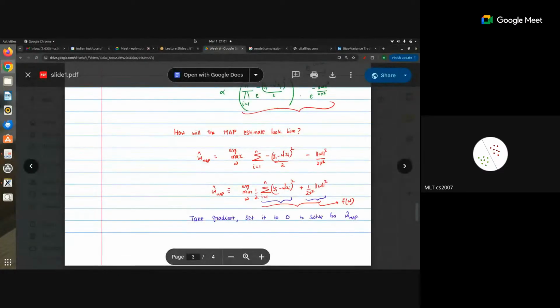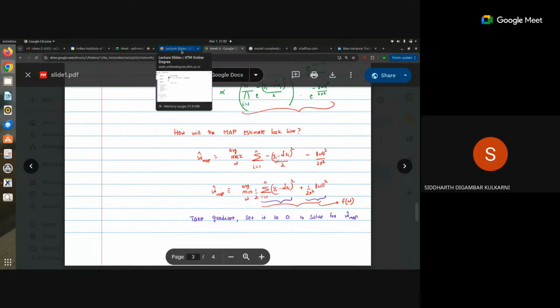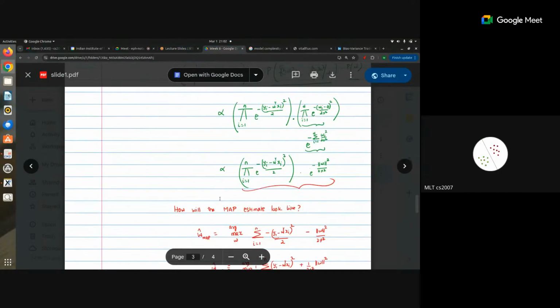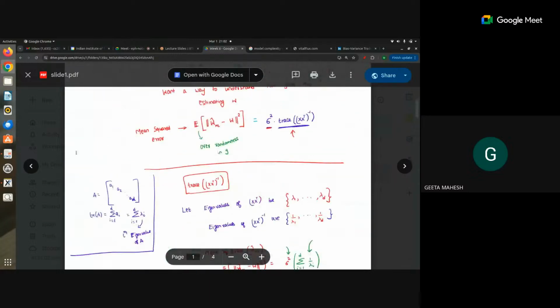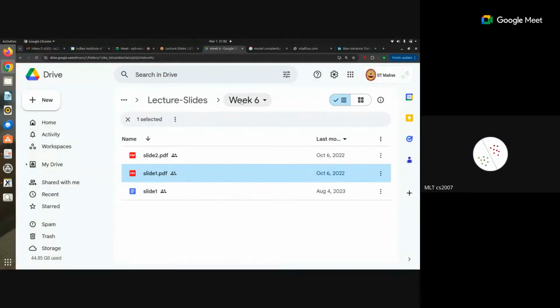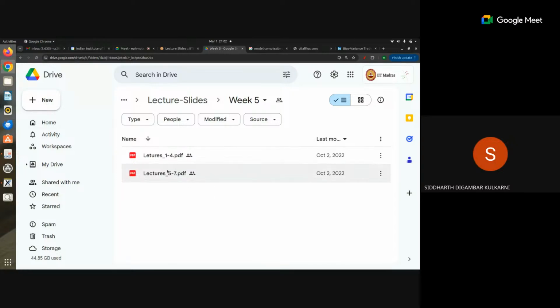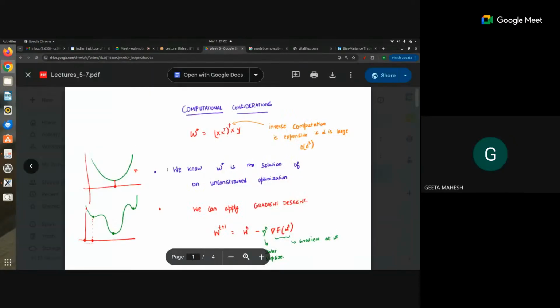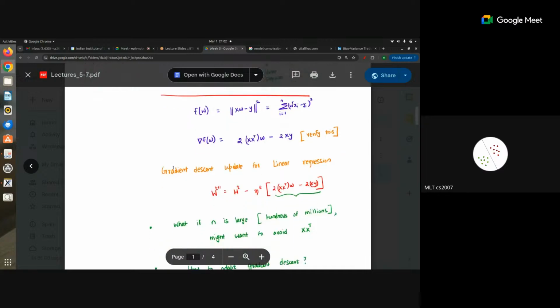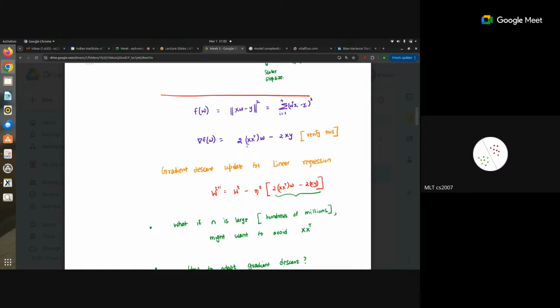It depends on your X X transpose. So basically this del f of w is 2 times X X transpose w minus 2XY. That means you need to compute X X transpose all the time, right?